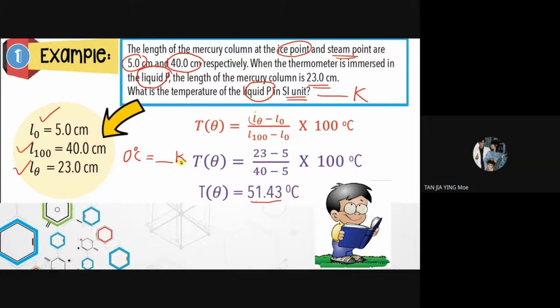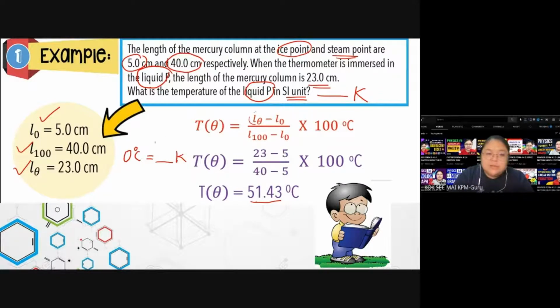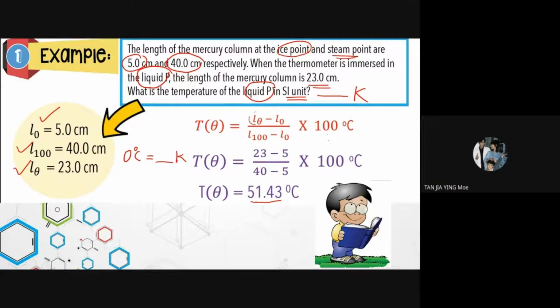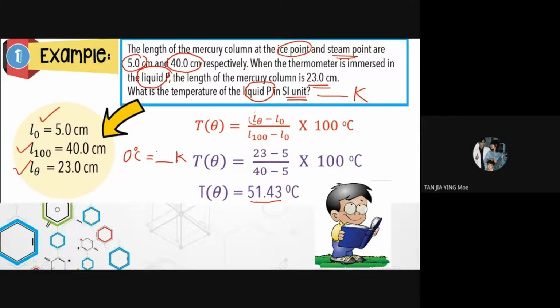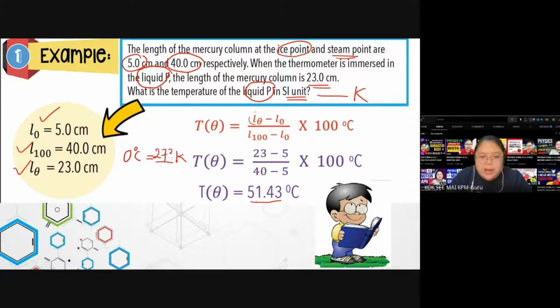324.43. No, you answer me this one first. 0 degrees Celsius, how many Kelvin? 273. Okay, yeah. 0 degrees Celsius is 273 Kelvin.